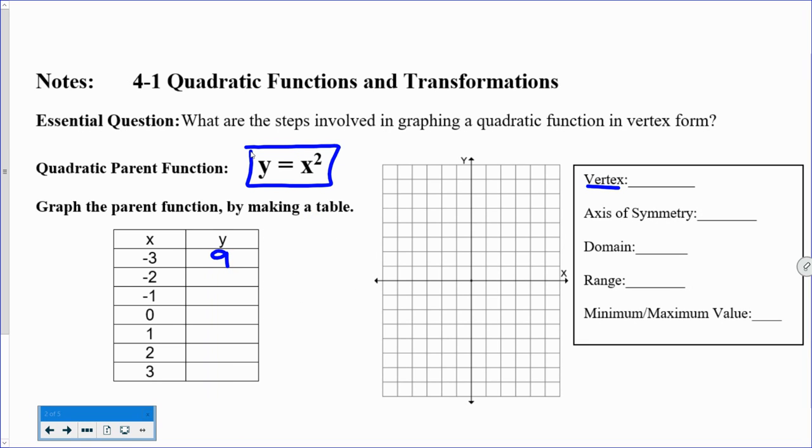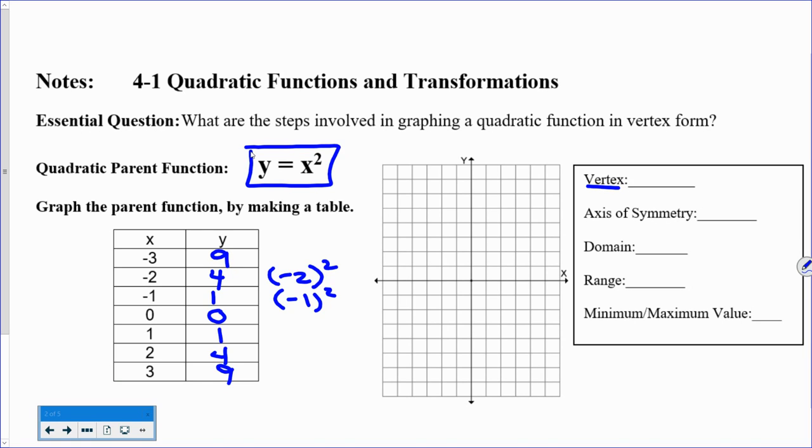Or using your brain. All right, so then my next one, I'm taking -2 quantity squared and getting 4. I'm taking -1 squared and getting 1. 0 squared, 0. 1 squared is 1. 2 squared is 4. 3 squared is 9. So we should see some of these numbers repeat because our graph is symmetric.